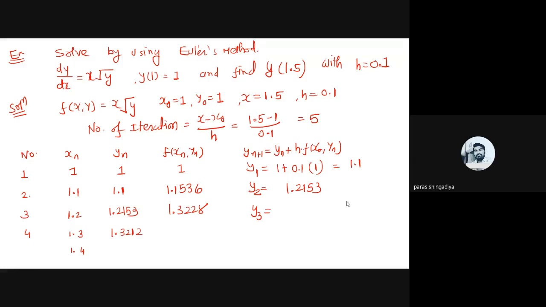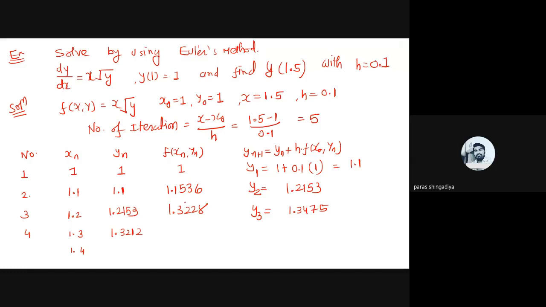y1, 1.1 plus 0.1 in the bracket 1.1536. 1.2153, that is correct. 1.2153 plus 0.1 in the bracket 1.3228. It is 1.3475. Something like 34 you will get as the answer.